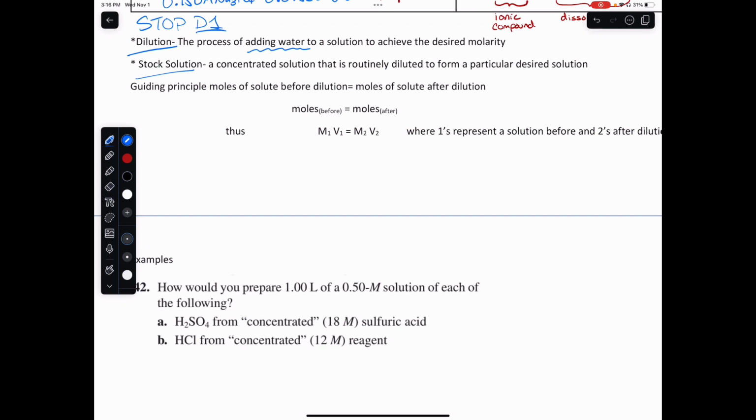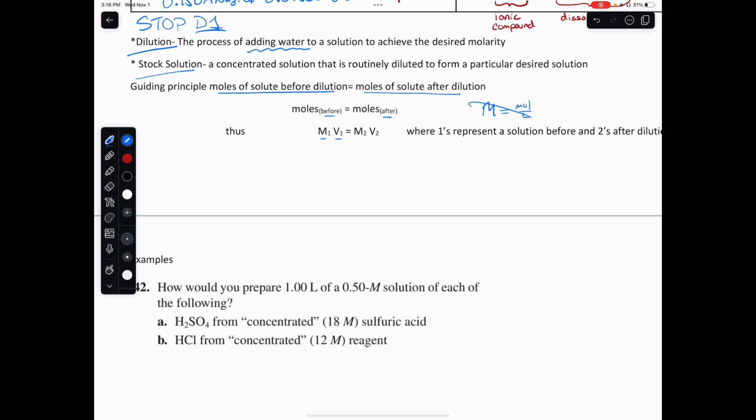The guiding principle to do this work is that the moles of solute doesn't change in the solution. You're only adding water. So the moles before is equal to the moles after. And so since we know that moles is molarity times volume, right? Molarity is moles per liter.